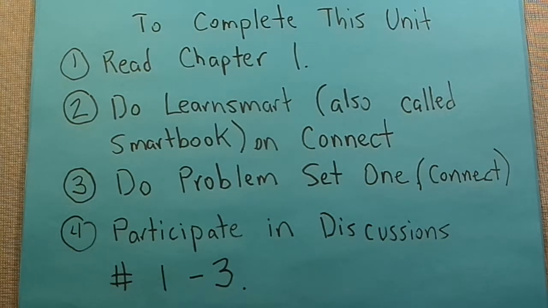Discussion board number 2 is merely an acknowledgement that you've looked at the syllabus and you understand it. Discussion board number 3 is actually a discussion about Chapter 1 where you make some comments, roughly 3 or 4 sentences, and it deals with things germane to the chapter, and once you do that, you get 80 points for doing that.